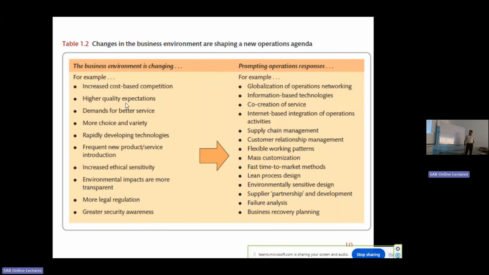Different challenges, environmental changes, like higher quality expectations. Even in a country like Sri Lanka, which is a small market, they have limited customers, and their expectations and preferences are very limited. Are Sri Lankan customers demanding? Well, to a great extent, they are not so demanding, right?